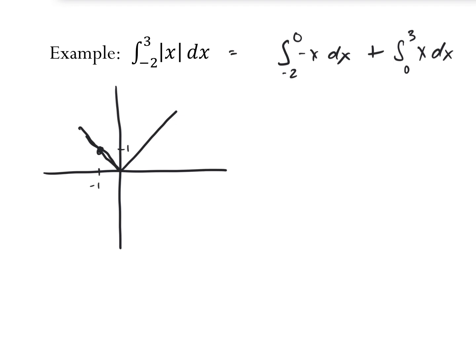If we were solving this analytically, we would have to split it up into those two pieces. That being said, I would never in my life solve this analytically, or using the limits, when I can say the area of this section is 2 times 2 over 2, and the area of this section is 9/2, because it's 3 times 3 over 2.